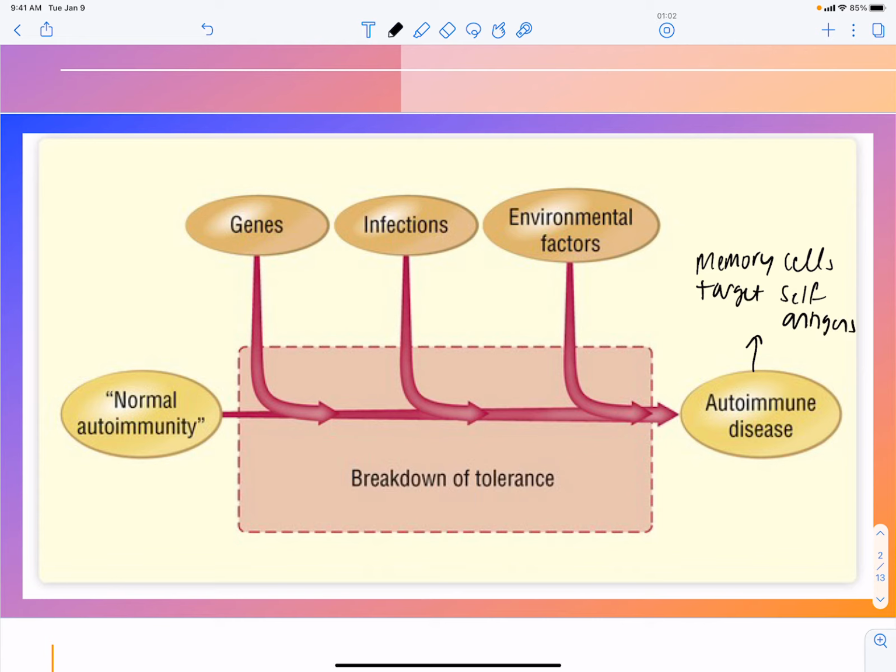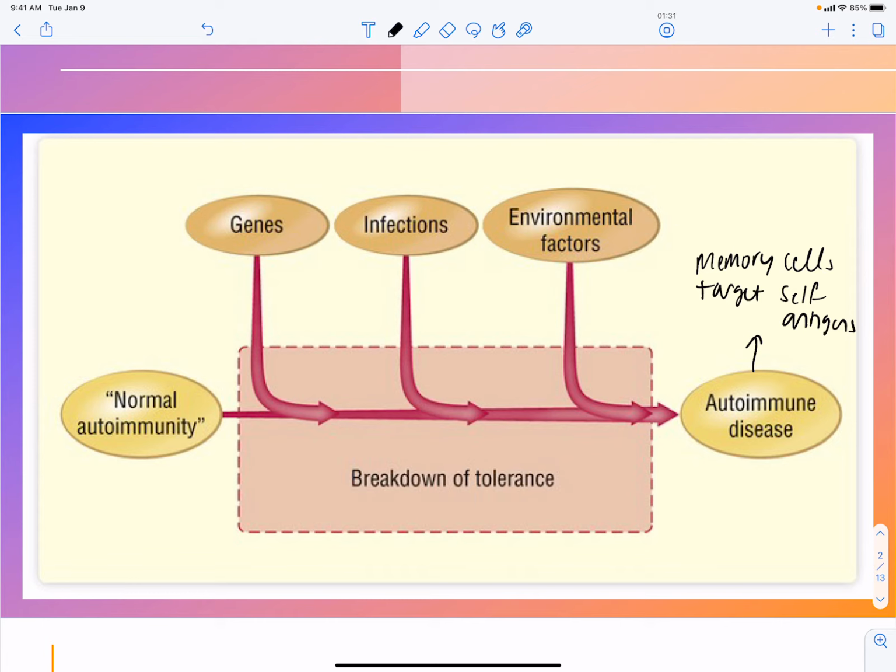Okay, so there are some estimations that 1/2 of all B cell receptors that go through the bone marrow response are going to be specific for self antigens. But the B cell receptor checkpoints during development are going to prevent a majority of them from being activated or released into the periphery.